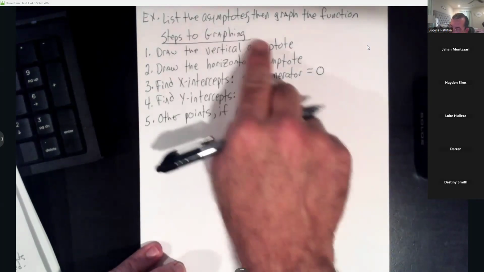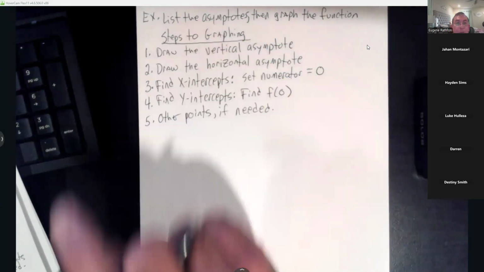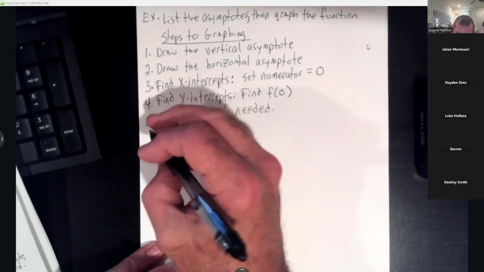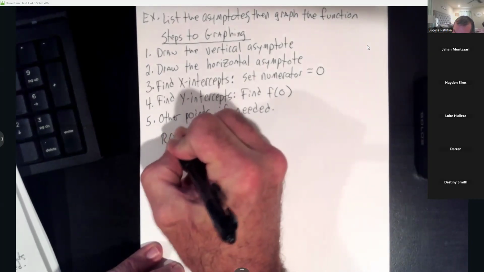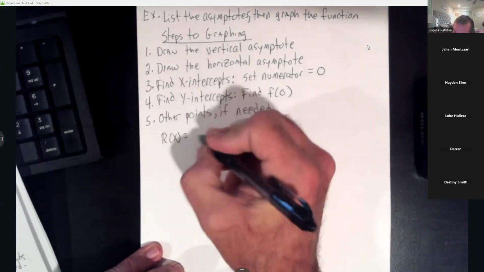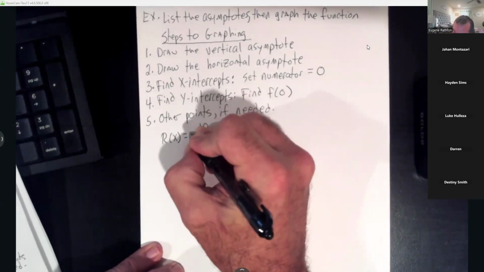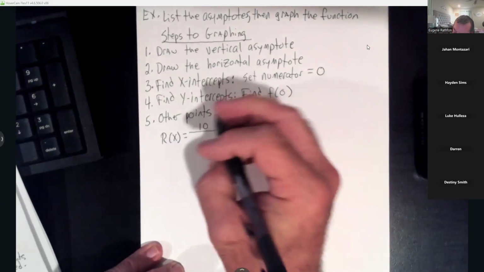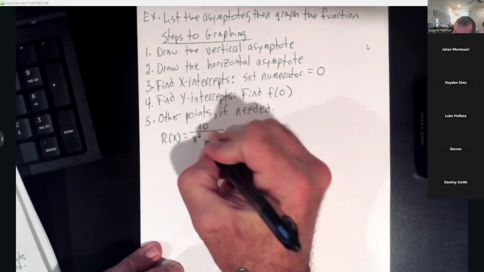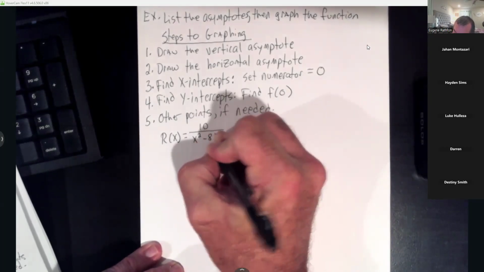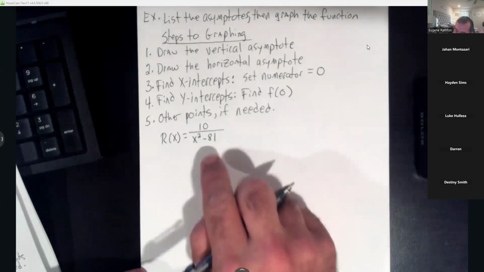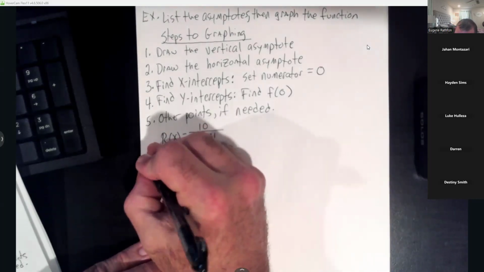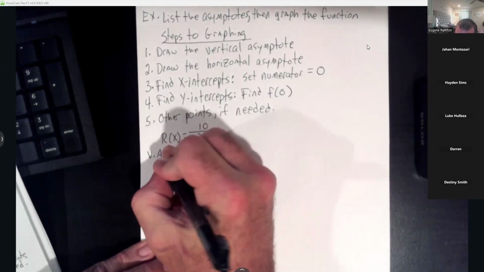So for this one, the function they're giving me is r of x equals 10 over x squared minus 81. Y'all, so first I'm going to show you how to find a vertical asymptote.